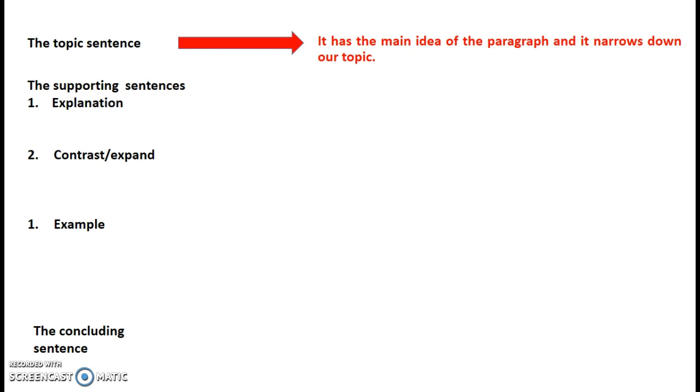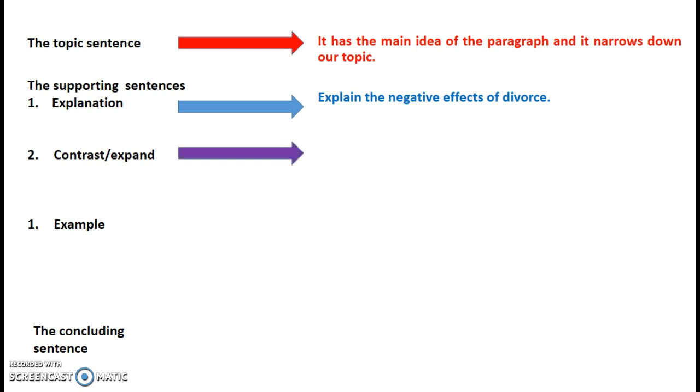Now in our outline we're going to have the supporting sentences. We can have sentences to explain, to contrast, and to give example. I'm gonna do the three of them in this example paragraph. I'm gonna give a topic sentence, then a supporting sentence to explain the negative effects of divorce.